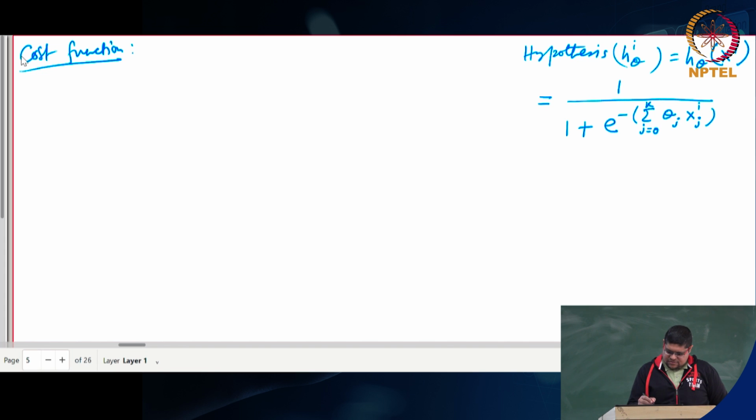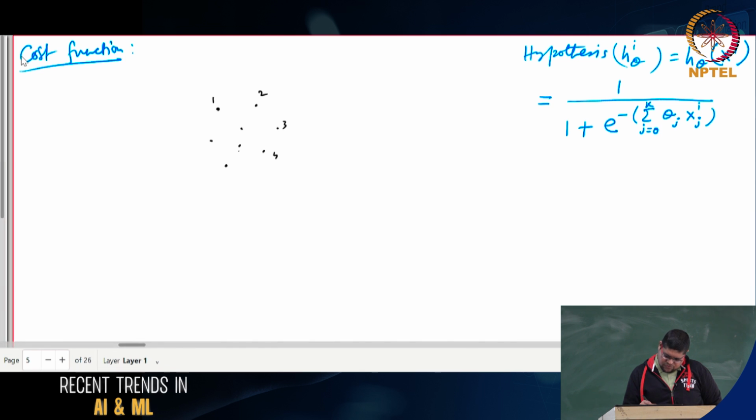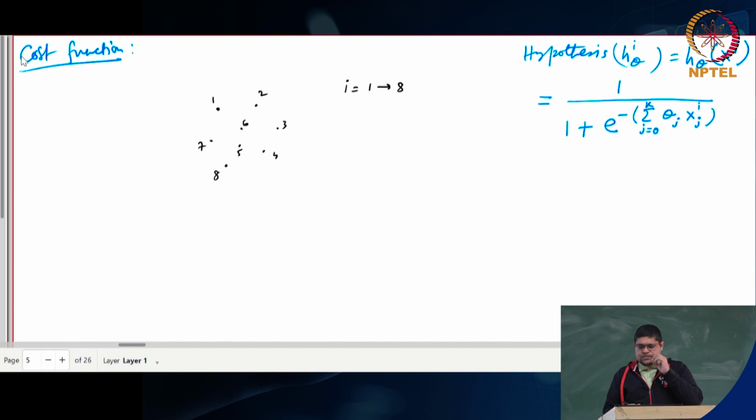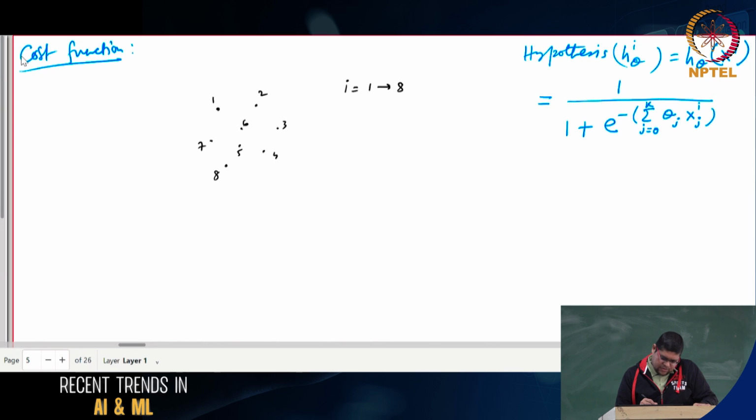So let me quickly draw one thing. Suppose you have these points, okay? How many points do I have? 1, 2, 3, 4, 5, 6, 7, 8. So here I have i equal to 1 to 8. Clear? Each sample is denoted by say 20 feature dimensions, so here I have 20 values.